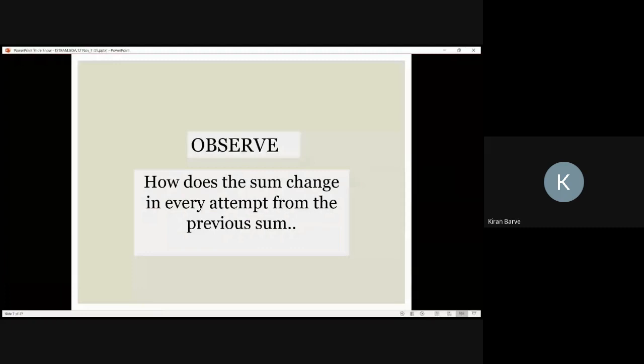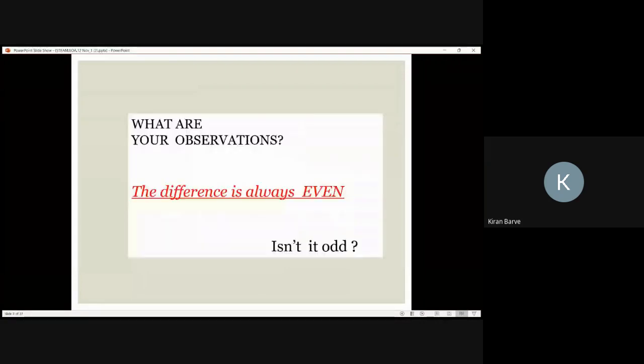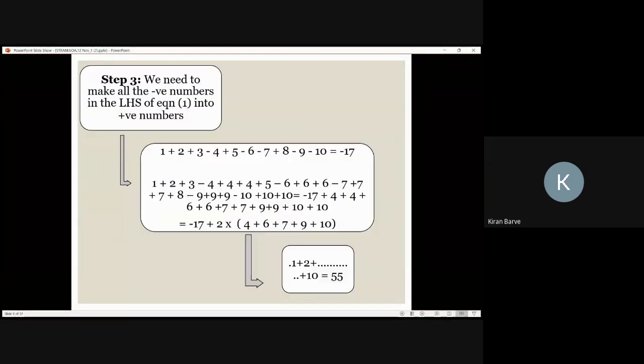So what is your observation? The observation is that whenever I change any sign, the sum either increases by an even number or decreases by an even number. Is it okay for you?